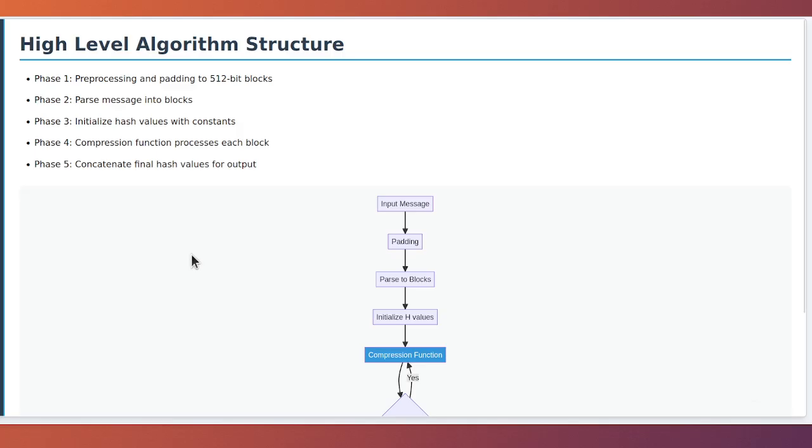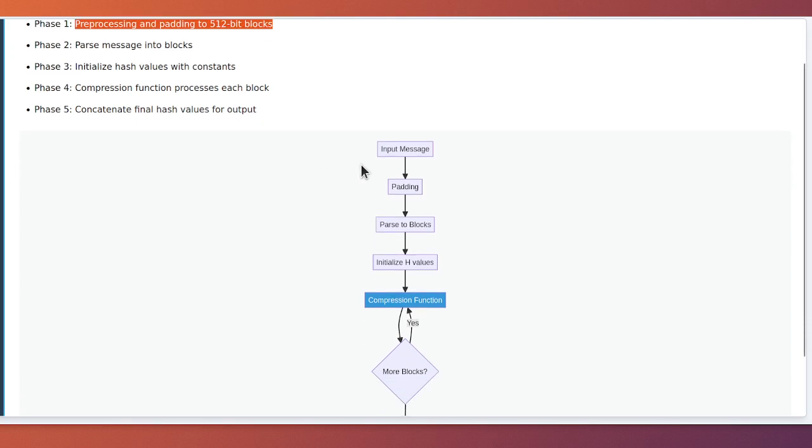Now let's look at the high-level structure of how SHA-256 works, which will give us a roadmap for the detailed sections to come. The algorithm consists of 5 main phases. Phase 1 is preprocessing and padding. SHA-256 requires that the input message be a multiple of 512 bits.